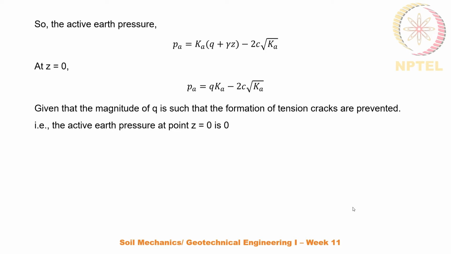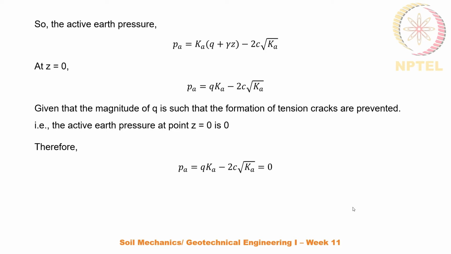That is, at Z equal to 0, active earth pressure should be 0. So, equating the above equation with 0, we have Q Ka minus 2C root Ka is equal to 0.